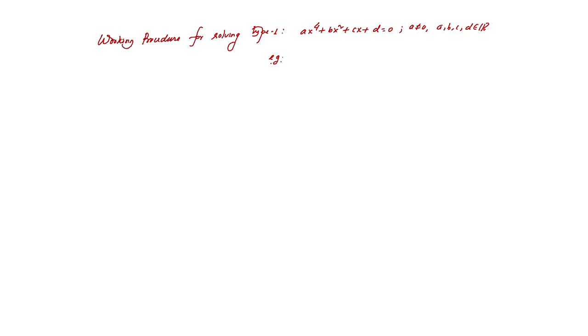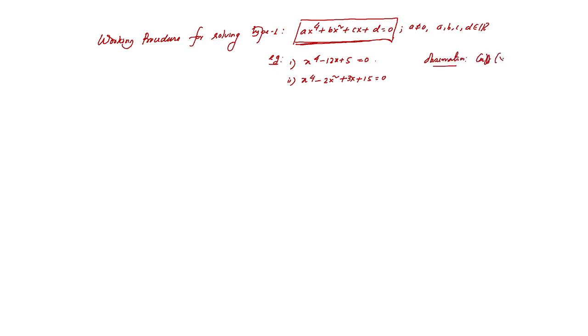As an example, you can take x to the power 4 minus 12x plus 5, or you can take the example x to the power 4 minus 2x square plus 3x plus 15 equals to 0. These two equations are biquadratic and in the form of x to the power 4 plus bx square plus cx plus d. Here the main observation is that the coefficient of x cube is 0.